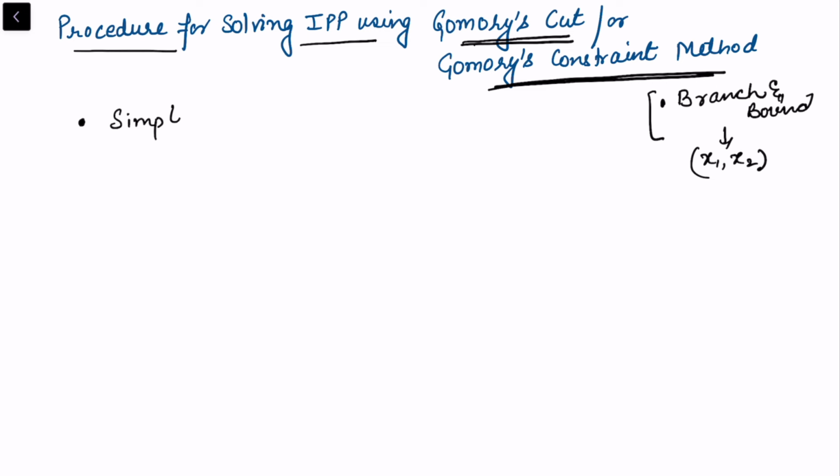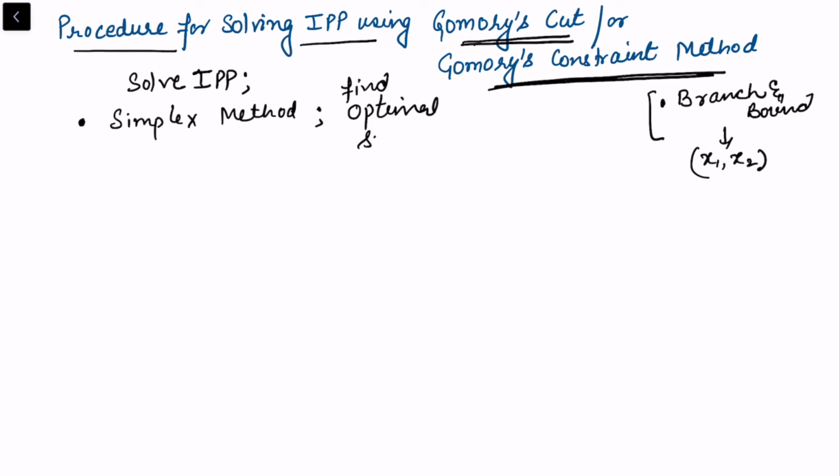So the first thing is that we solve our IPP, relaxing the condition that the xi's are integers. Solve it first by the simplex method and obtain the optimal solution. We look at whether this optimal solution is integer or not.